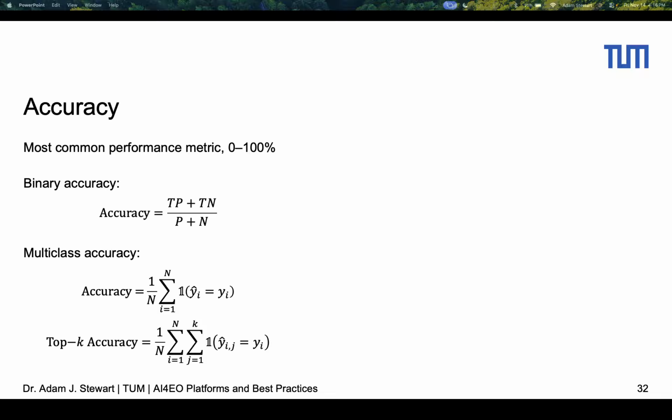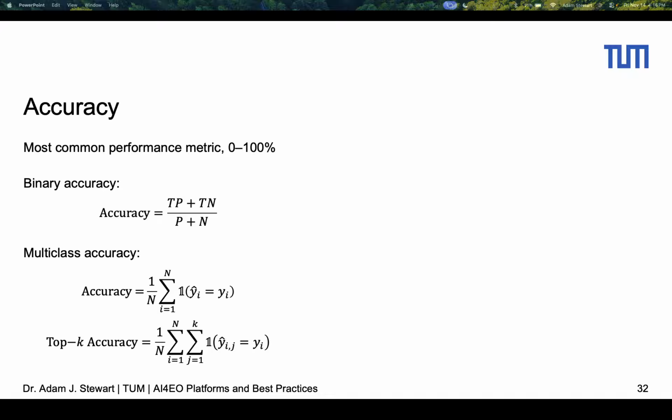So simple accuracy is whether or not you get the right answer. Sometimes you might get close, and there are accuracy metrics like top K accuracy that also count that. So if I'm trying to predict one of 1,000 labels, and my top pick is wrong, but my second pick is right, that's better than if I was wrong like the first 10 predictions.